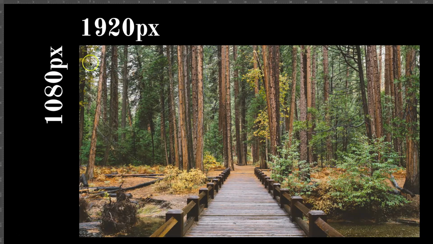We care a lot about the width because a website scrolls from top to bottom, so we don't really care about how high images are, but we do care about how wide they are because our screen is limited from left to right. We don't scroll from left to right on the screen, not like we did back in the 90s where we had no choice, but we do scroll from top to bottom and bottom to up.